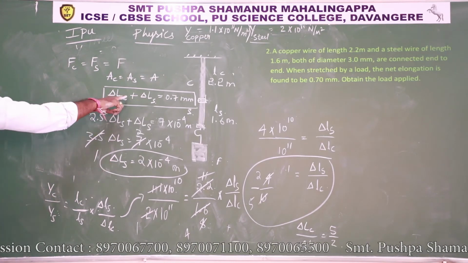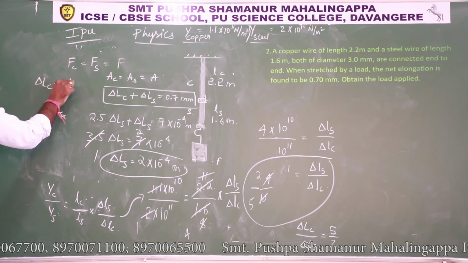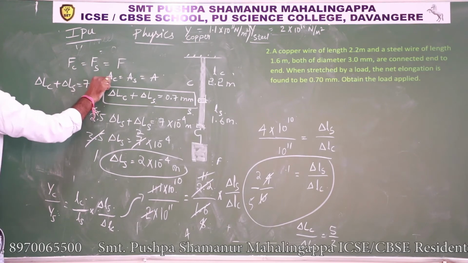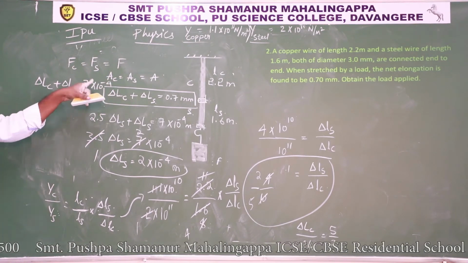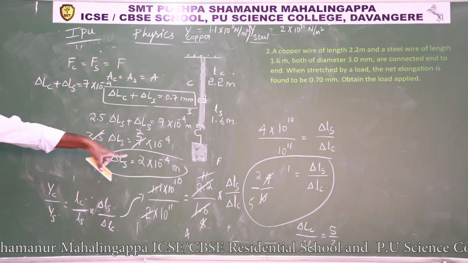So the total length is delta LC plus delta LS, which equals 0.7 millimeter. I can write it as 7 into 10 to the power minus 4. So delta LS value is 2 into 10 to the power minus 4.